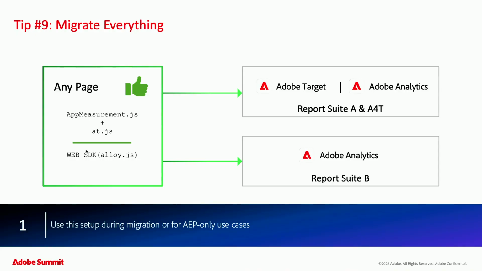If you're familiar with A4T, analytics for target, target is sending data to a report suite, and analytics is sending data to a report suite, so they need to be in sync. You can collect data to a different report suite using app measurement and have it be on this same page with the same legacy solutions.